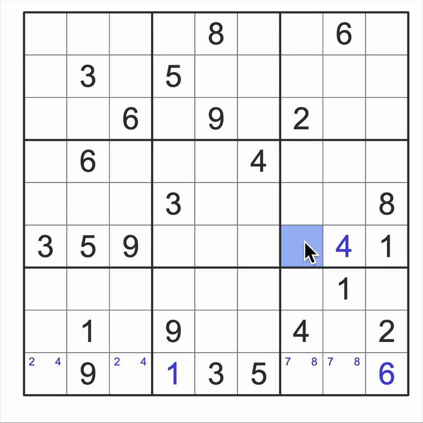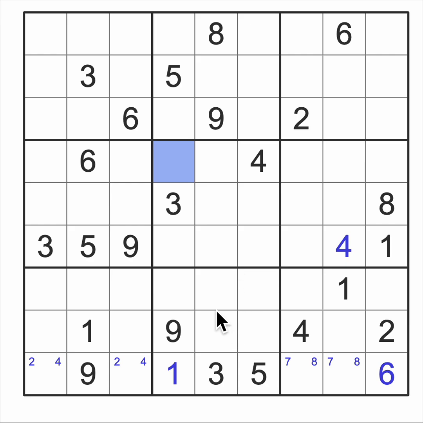So this cell is blocked by 2 and 8, which have not been placed on row 6. Because this cannot be 2 nor 8, 2 and 8 will use 2 of these 3 cells. That means these other cells in box 5 cannot use 2 or 8.